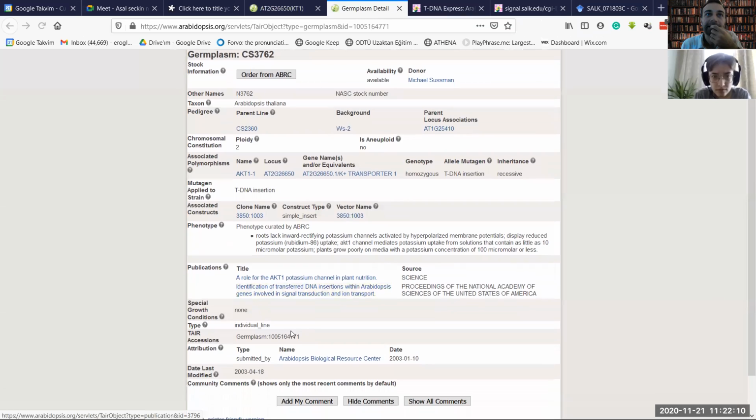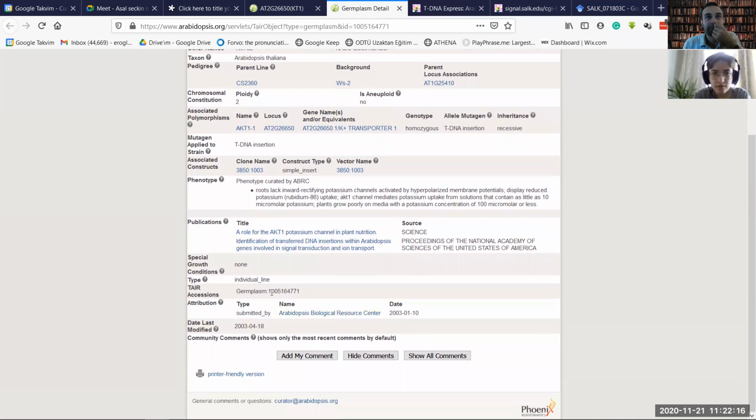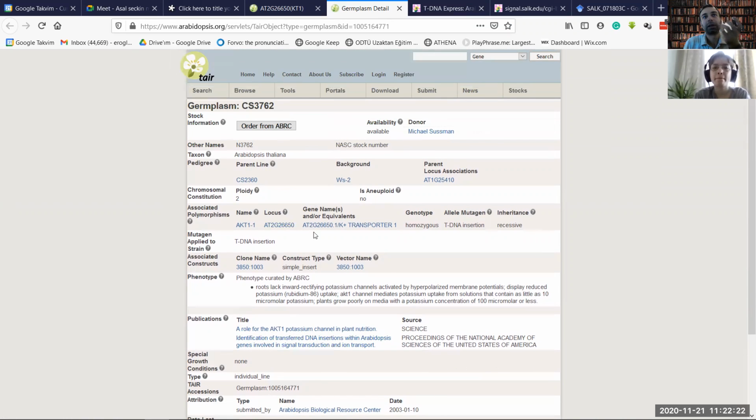So it's published in Science. Yeah, so you can look for where to find this. It has a WS2 background. I don't know if you have any information about it. Usually we work with Columbia 0 background, Col.